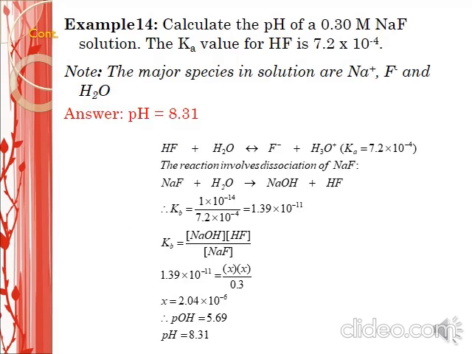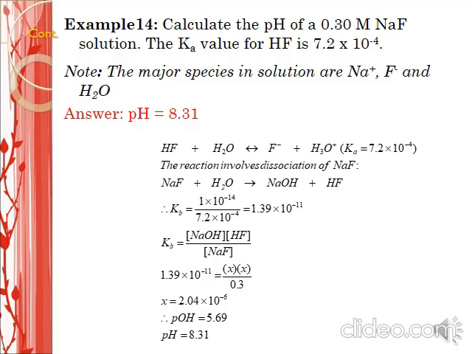And example 14: calculate the pH of 0.3 molar sodium fluoride. The Ka value is given for the weak acid HF. Use the Ka to find Kb, because you need to calculate the pH of the conjugate base.